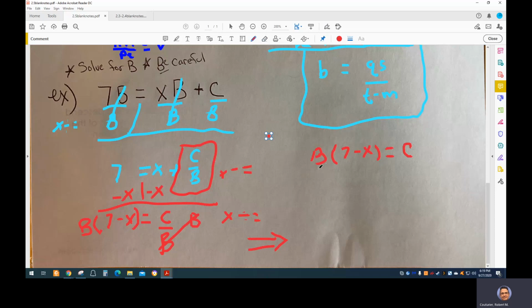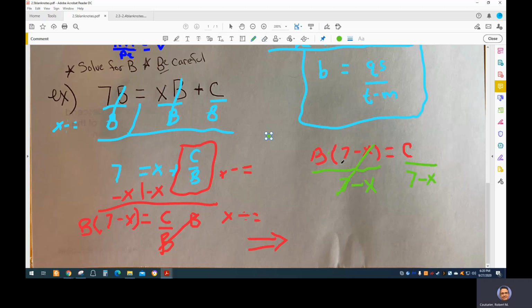Okay, again, we change colors. B is being multiplied by this 7 minus x. So the opposite of multiplication is division. I want this whole piece here to move, so I can divide by the whole thing, 7 minus x. If I divide one side by it, I have to divide the other side by it as well.